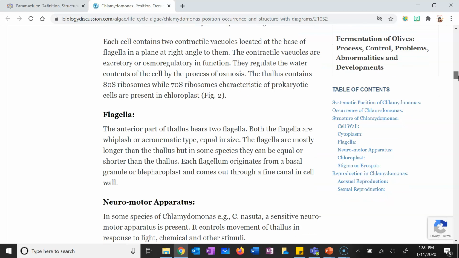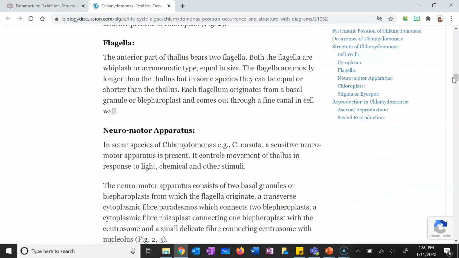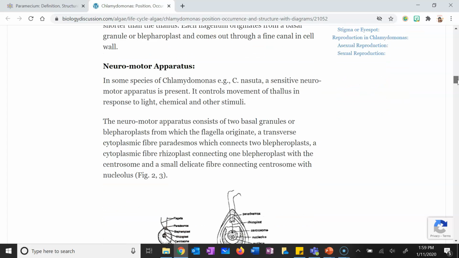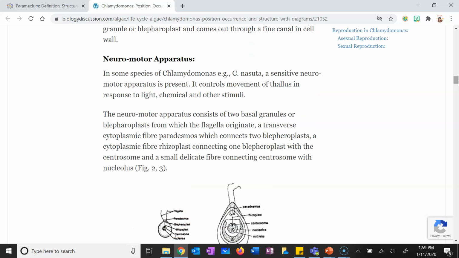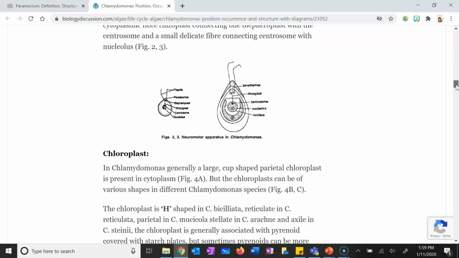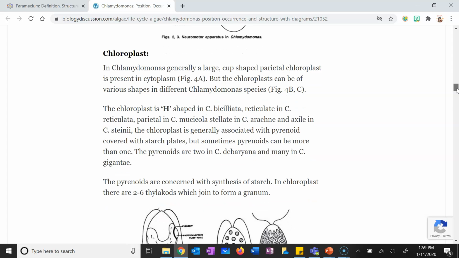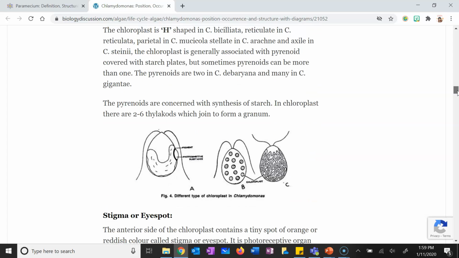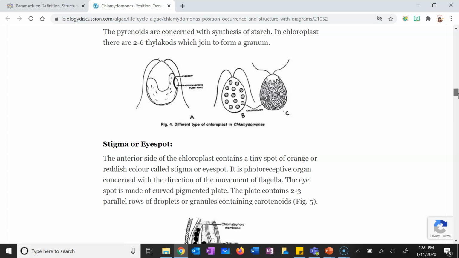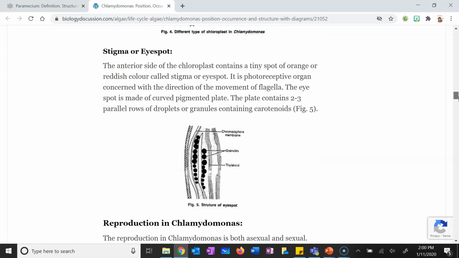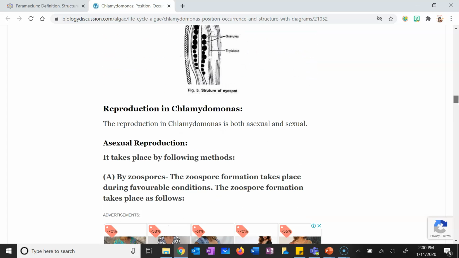They have their flagella. And they've got their neuromotor apparatus, which is something new. They've got chloroplasts. Again, some of this information will be quite high level because we've not got to it yet, but it's just giving you an insight to the structure of our Chlamydomonas. Tells you a bit about their reproduction.